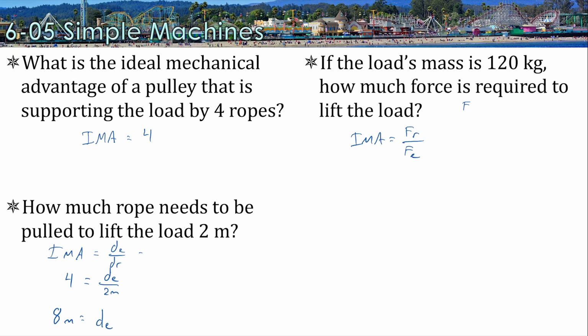Now, our resistance force is going to be our weight, which is mg, so that would be 120 kilograms times 9.8 meters per second squared. We're assuming we're doing this on Earth, I guess. Which would be 1176 newtons. Our mechanical advantage is 4, and that's our resistance.